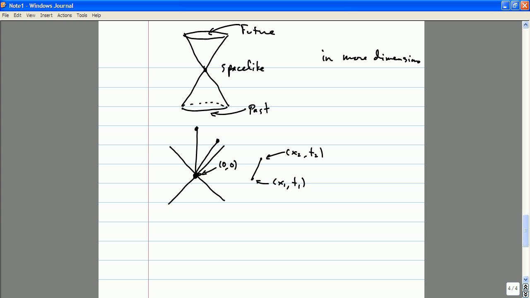Yes? If delta s is exactly equal to 0, what can you say about the causal relationship? In physics, objects are allowed to travel at the speed of light, certain special objects like photons, gravitons, and so forth. So they still can influence one another.